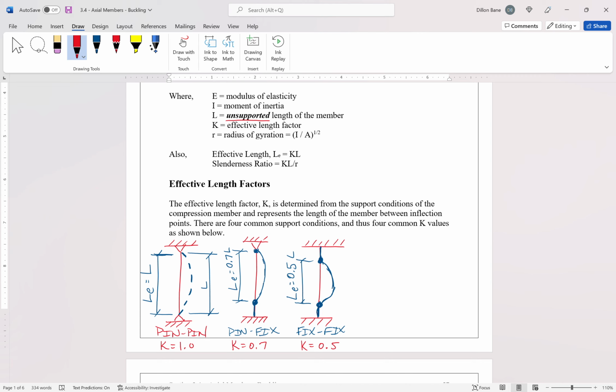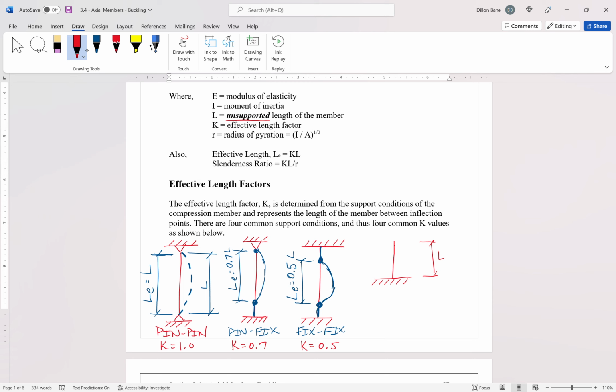Our last support condition that we're going to look at is a cantilever column, right? So we're going to have a column, and I'm going to draw this a little bit differently. I'm only going to draw it about half distance, okay? So this is L now. L is still the entire length of the column.